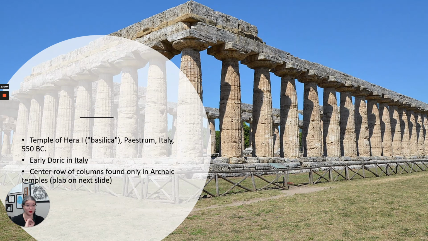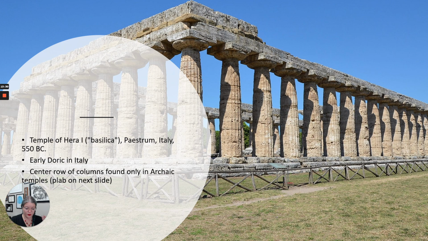So it is Doric. Very good. A lot of it has been destroyed over time. One of the things that really sets apart archaic temples from later temples in the classic period is that the archaic temples have a center row of columns in the middle of the floor plan, which we don't see after the archaic period.